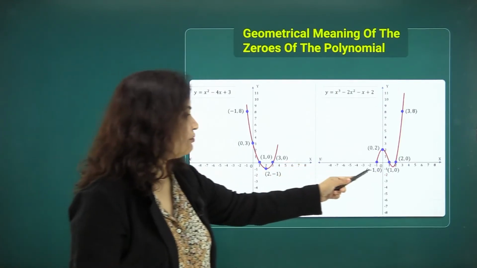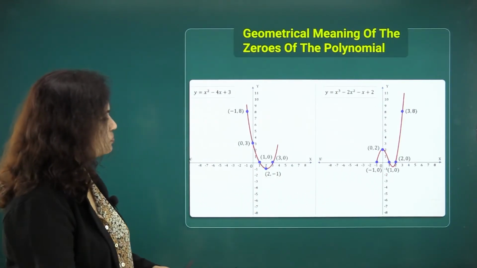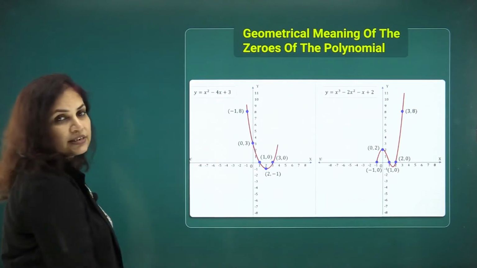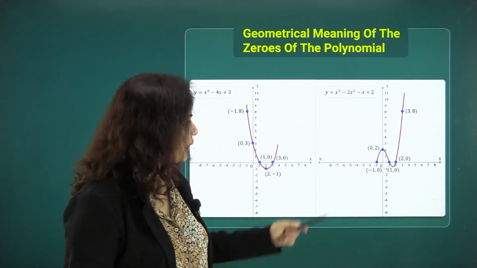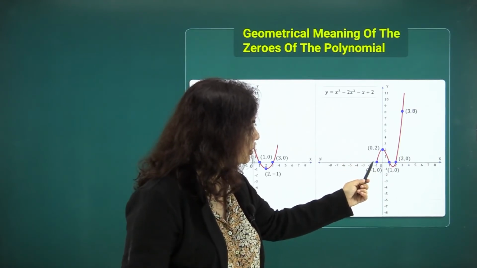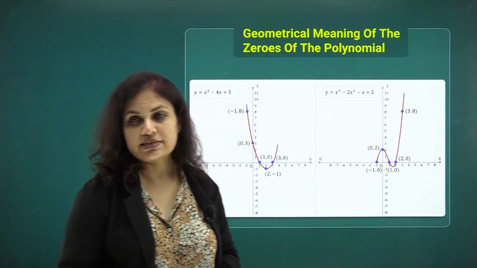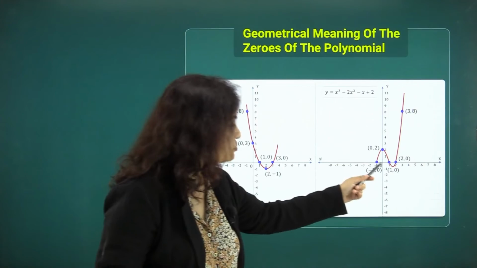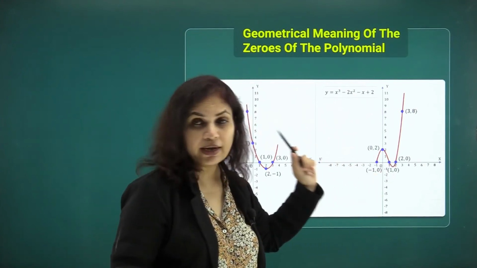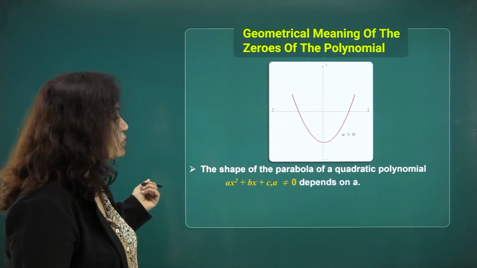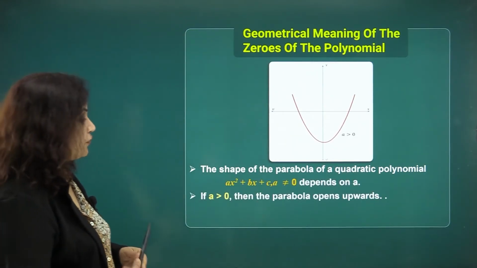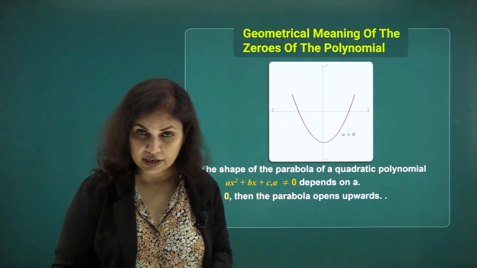And here we have the comparison between the two. Here the graph cuts the x-axis at 2 points and we have a quadratic polynomial, and here we have a cubic polynomial intersecting the x-axis at 3 points, giving rise to 3 zeros, minus 1, plus 1, and so on. The shape of the parabola of a quadratic polynomial depends on whether the value of a is positive or negative.